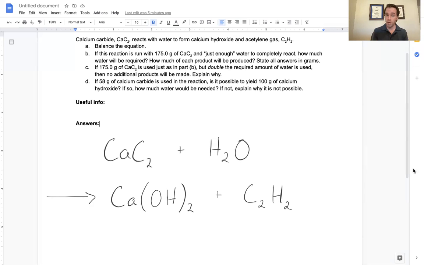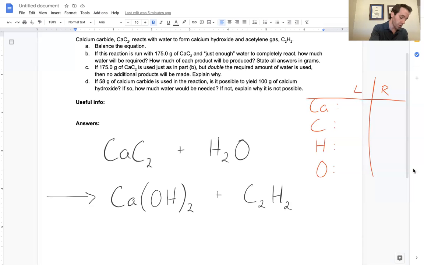Of course, balancing the equation doesn't involve just writing the things down. It involves getting the right numbers of each one of them. I'm going to keep track of the different things in this equation and say, do they balance on the left and on the right? Right now, there is 1 calcium, there are 2 carbons, there are 2 hydrogens, and there's 1 oxygen on the left.